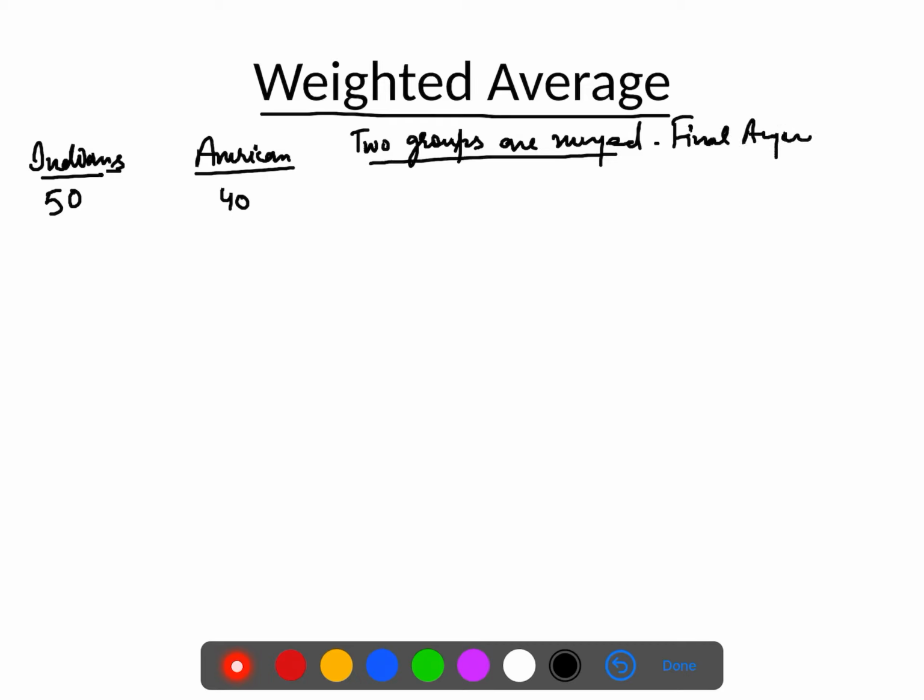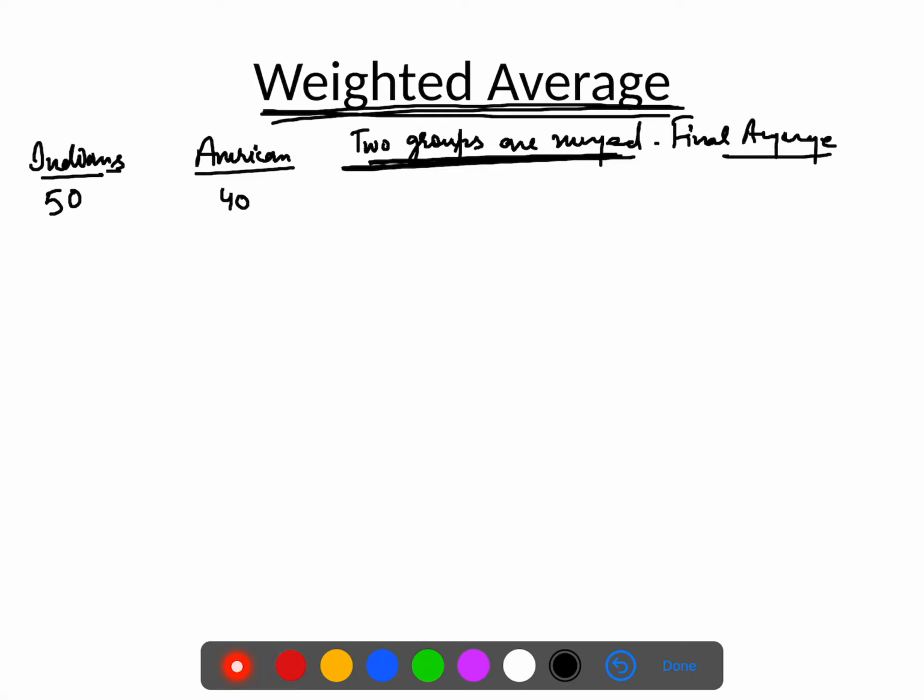Final average score means average score of the bigger group. Okay, average score per person of the bigger group. So wherever two groups are getting merged, that situation is your weighted average situation. So that's how we identify in the question whether we are doing weighted average or not.